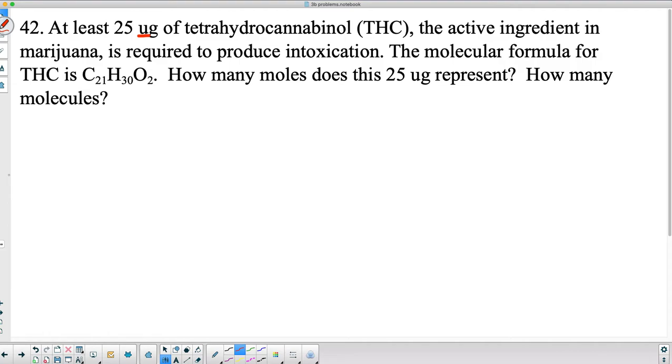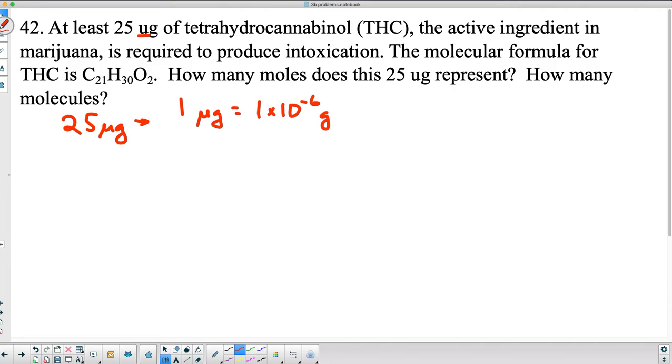So my first step is to change the 25 micrograms into something that we can use, and that's just obviously changing it into grams. Now we know that 1 microgram equals 1 times 10 to the negative 6th grams, just like 1 milligram equals 1 times 10 to the negative 3rd grams.